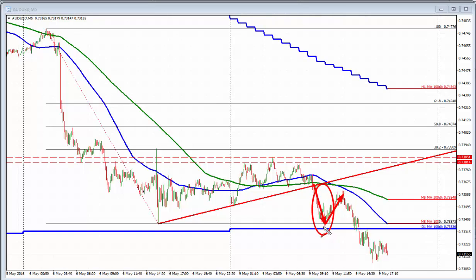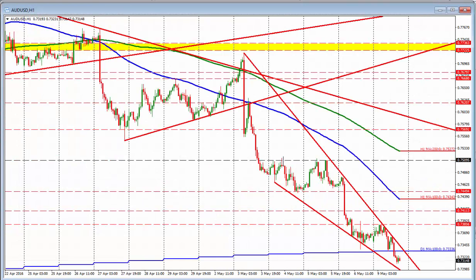We bounced off our 100-day moving average, that's right here. And where do we find resistance? Right against the 100 and 200 bar moving average. That was a trend line as well, the trend line from the top on the hourly chart, wasn't it? So not only do we have resistance right here against the trend line, this is a bounce off the 100 and the trend line right here.